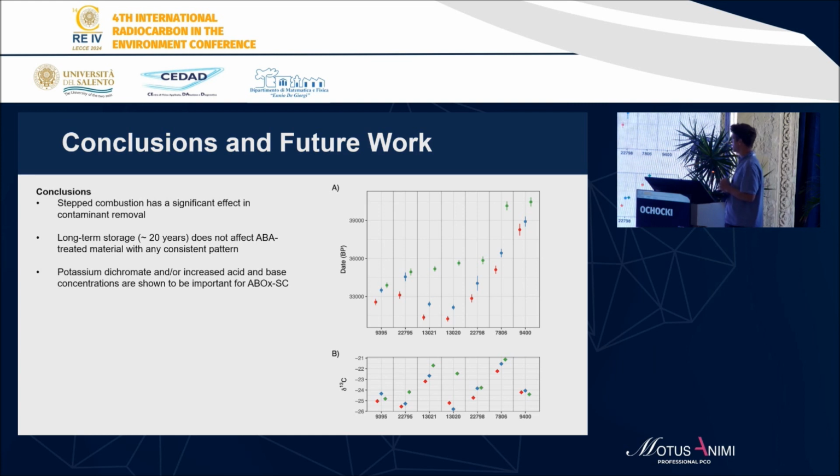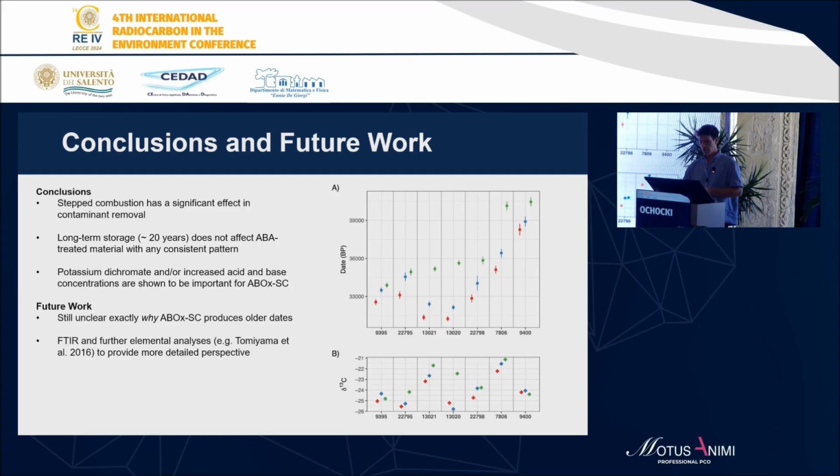So we'll carry on. In future, it's still unclear why ABOX is producing these older dates in certain contexts. I think it would be useful, as in some other papers, to use elemental analyses or FTIR along the way to understand what's being removed and how the material is changing.